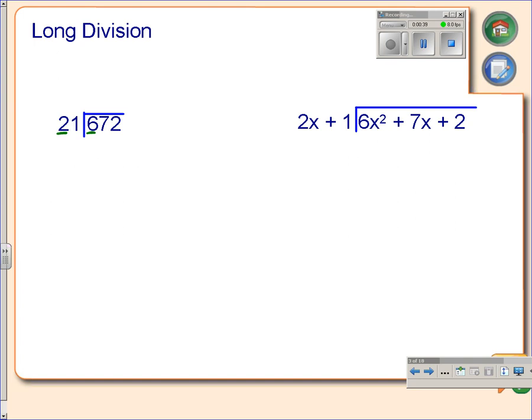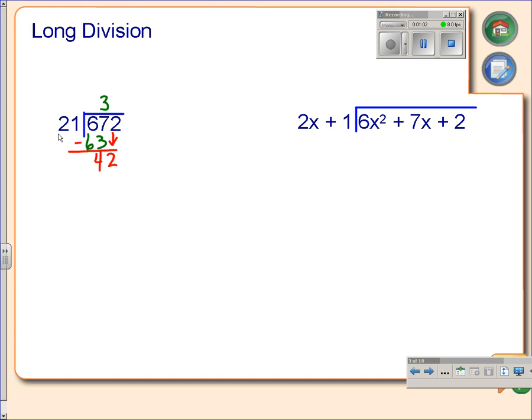But since this is 2 digits here, I'm going to go over 2 digits and I'll put the 3 on top of the 7. Then we multiply 3 times 21 and we get 63. And then we subtract, we get 4.